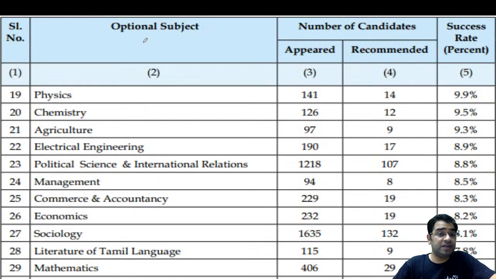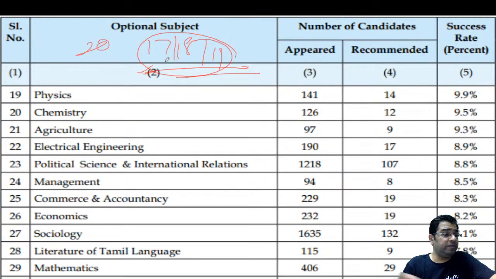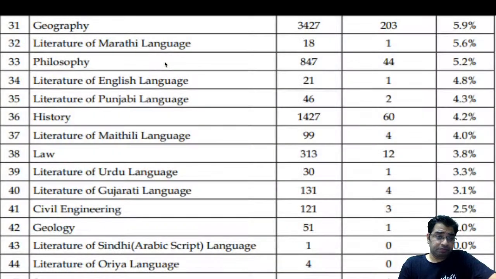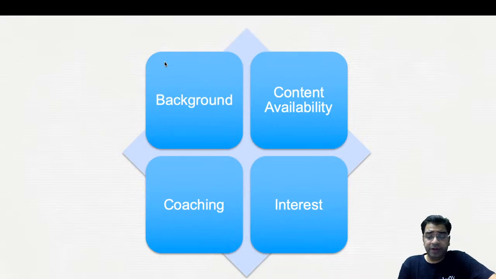This was in 2016, 17, 18, 19. Things are improving year by year. Year by year, more and more students are getting selected with the PSIR optional. This is what you need to see.